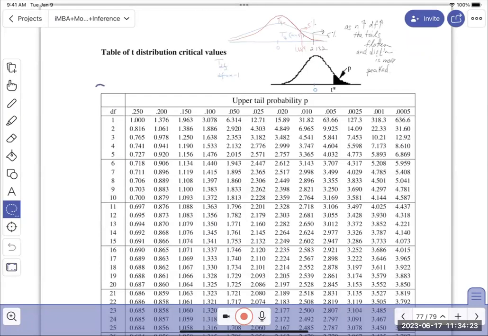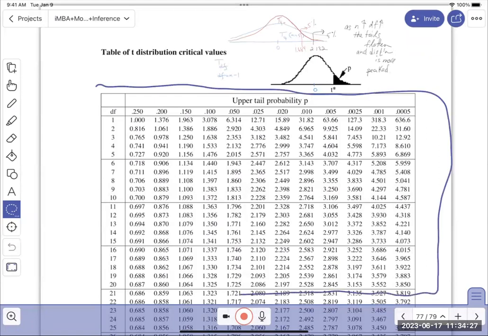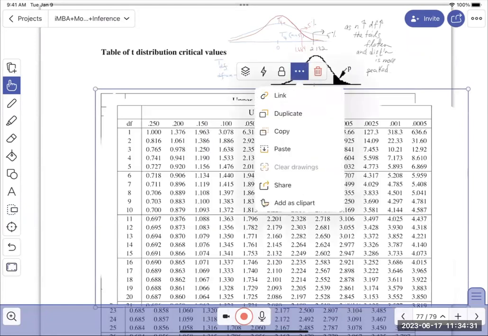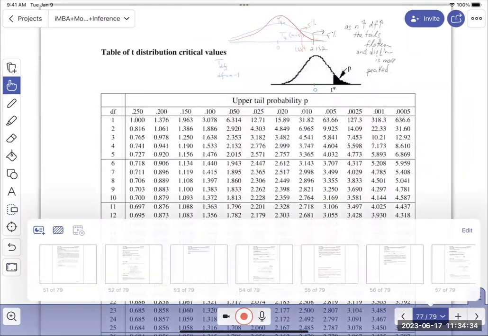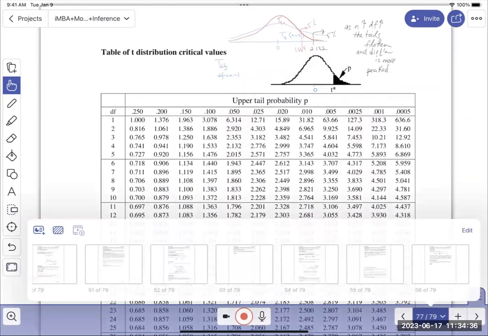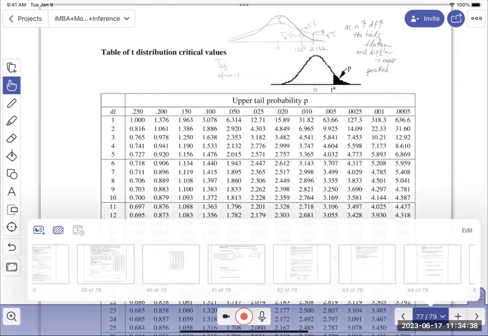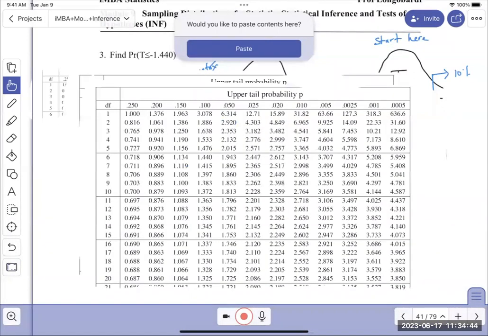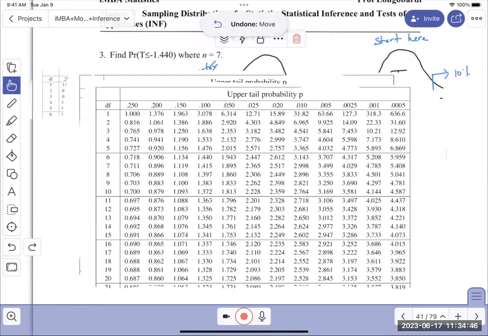Now this is a whole table I have to take. That didn't work.